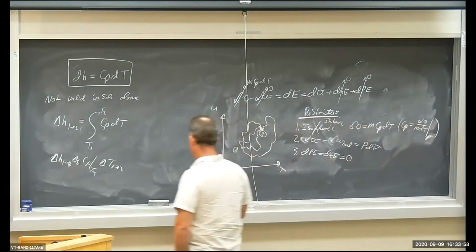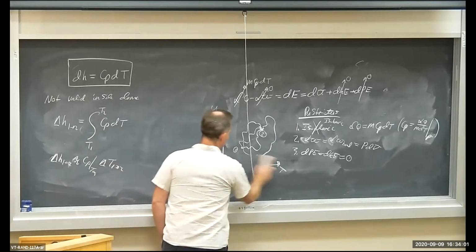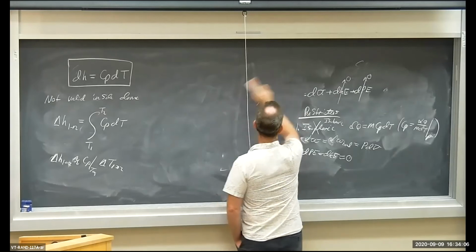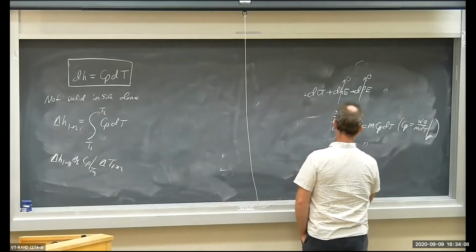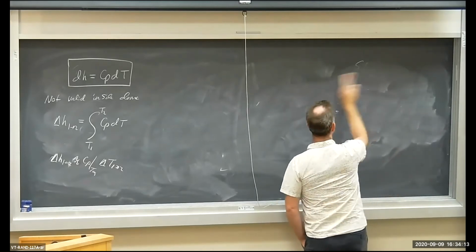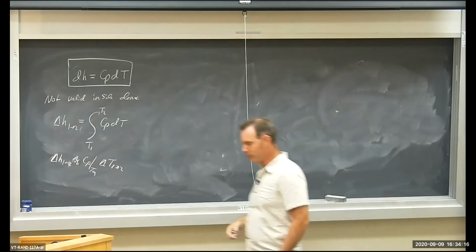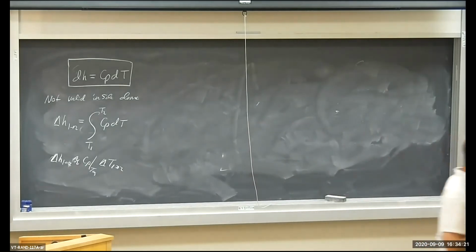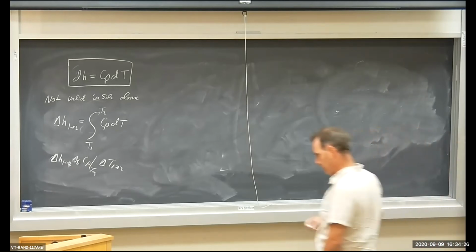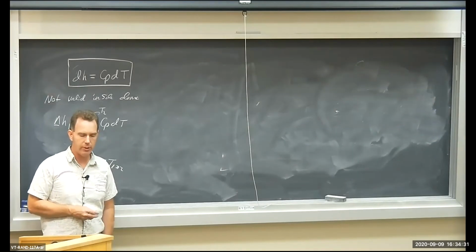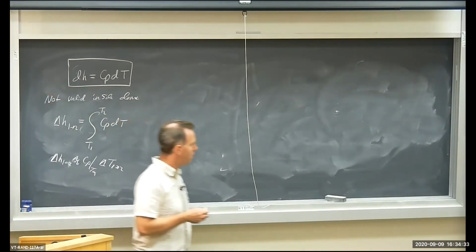Now I want to say one or two more things about this. There's two more details I want to go over. So for the isobaric process, where we derived that equation, we have boundary work. If it's a constant pressure process, the system can be expanding or contracting, and it's an isobaric process when we have boundary work. Now, if you have a solid or a liquid, liquids and solids do not compress very easily. Their change in volume is quite small.